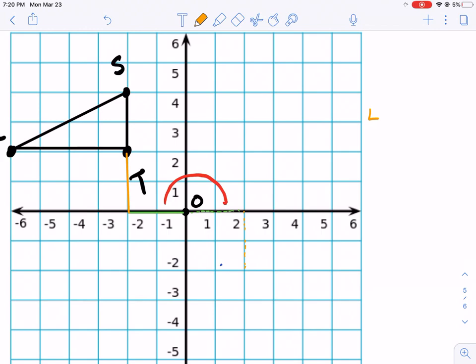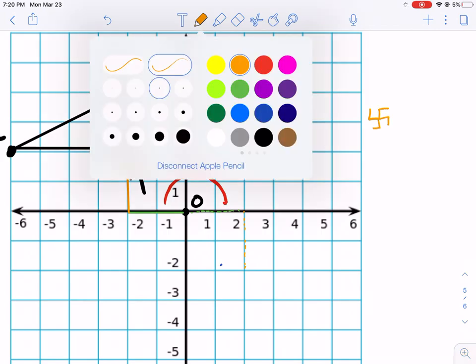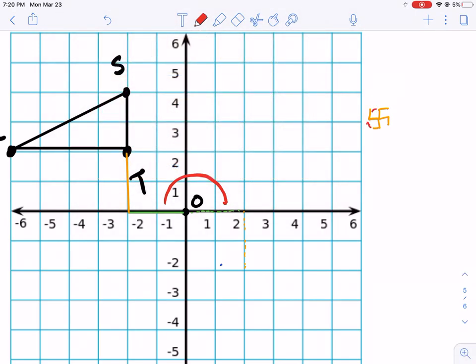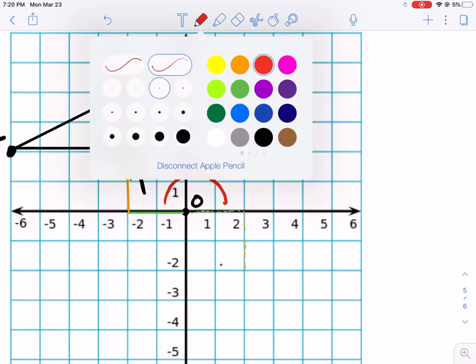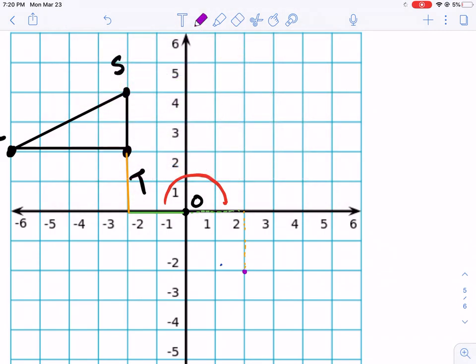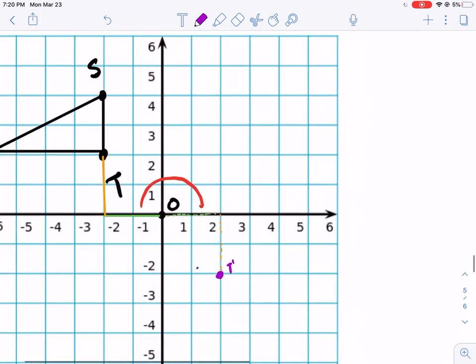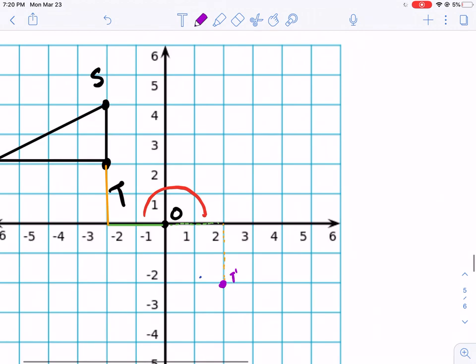As a reminder, your rotations, if you're doing them correctly, will follow this spoked wheel, the Hindu symbol for peace. Now I have my new point, and I'm going to label this point T prime. This is not my final image because I'll still have to do something else after that, but T prime is my last one.